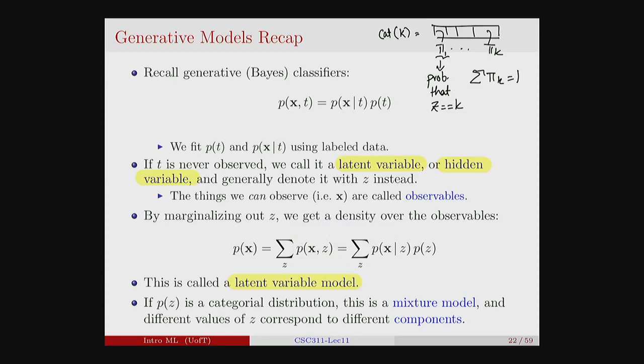In this case, we pretend that there exists some latent variable z, and that the observed variables x are a function of that latent variable z. And so we have P of z, which is the prior distribution over that unobserved latent variable, and P of x given z, which is the conditional distribution for the observed data.